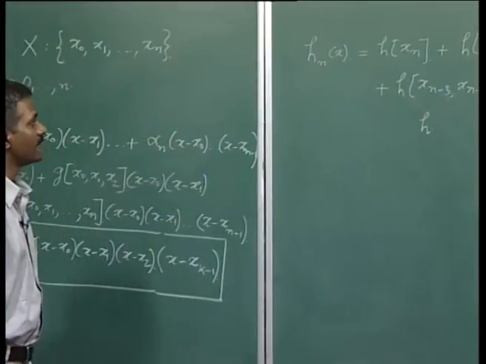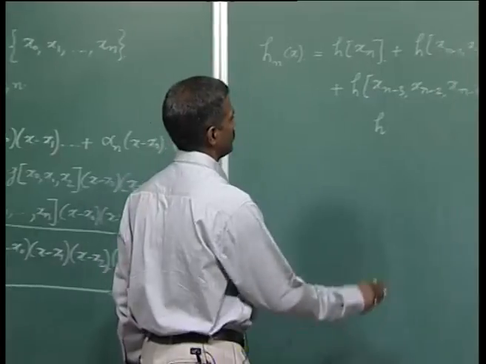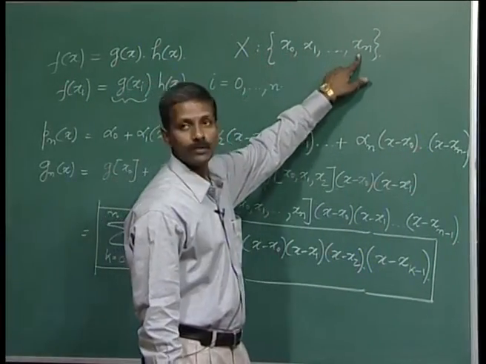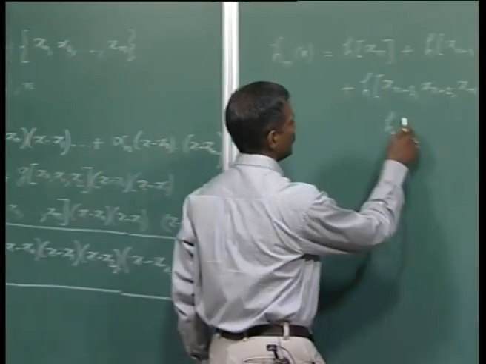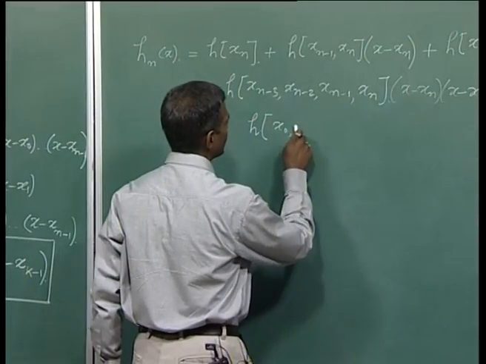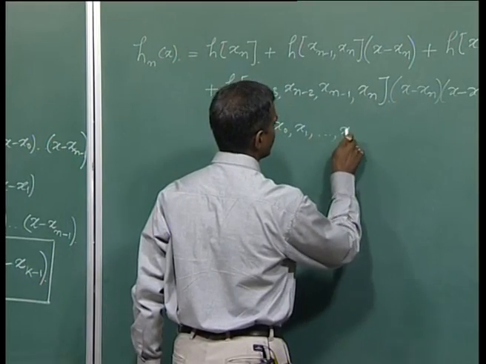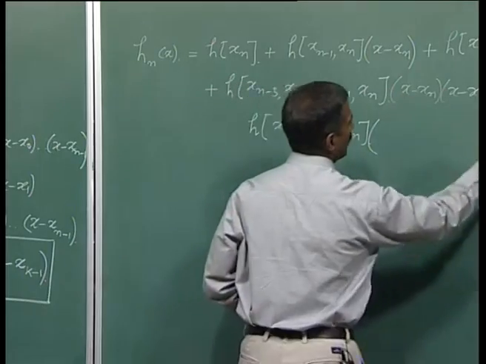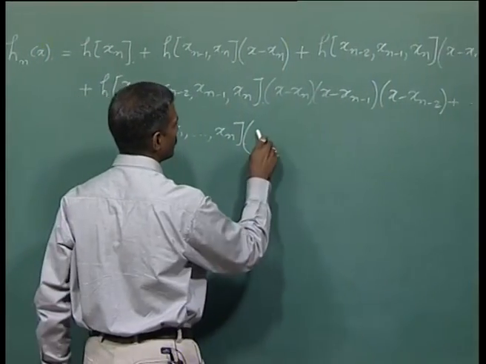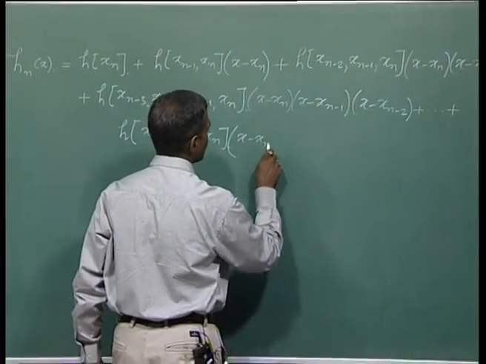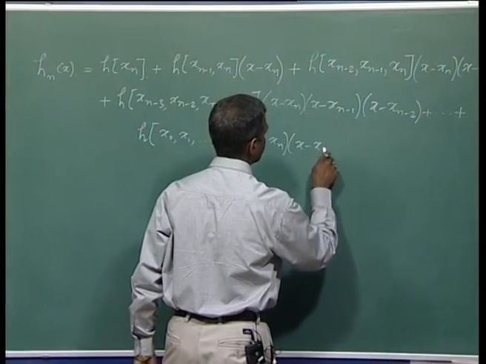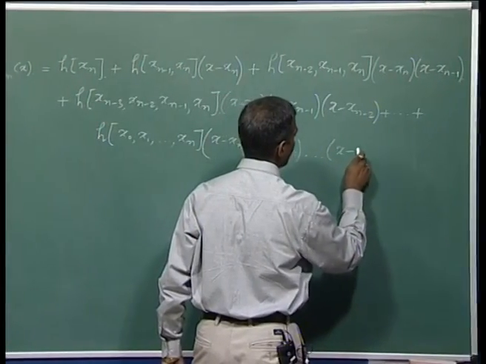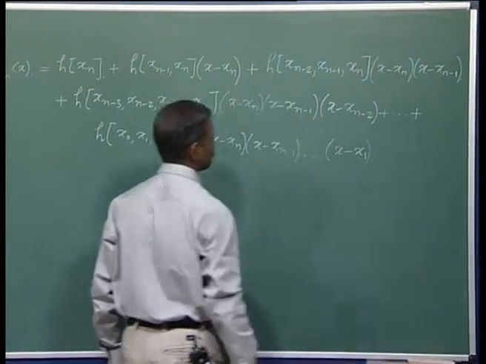Again, we'll have the nth divided difference, and that would involve all values from x0 to xn. This is h of x0, x1 up till xn, times, again we are working in the reverse order, x minus xn, x minus xn minus 1, and the last term here would be x minus x1.